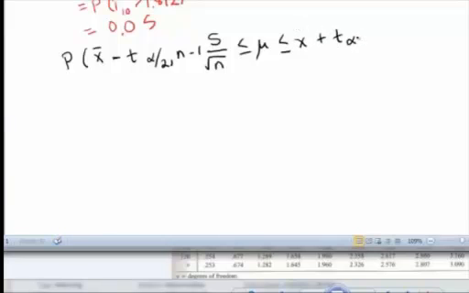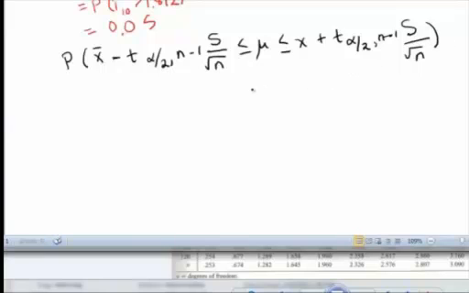So we'll say the probability of whatever our particular sample mean, minus t-score alpha over 2 and n minus 1, because we're going to calculate for a small sample, n, is less than or equal to the mean, which is less than or equal to x bar plus t alpha over 2, n minus 1, that's our number of degrees of freedom, times s over the square root of n.